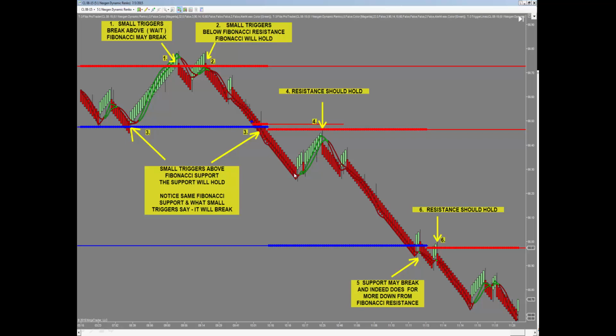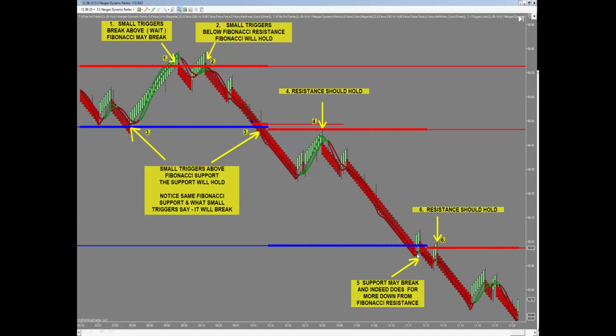And you'll see indeed we do break down below, and we pull back to retest this resistance. So it was support, it becomes resistance, and resistance should hold because our trigger lines are below resistance, which will give us another short trade opportunity, after support breaks, to take it down to the next support.